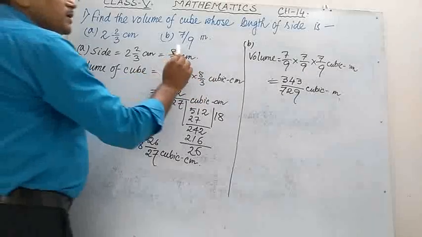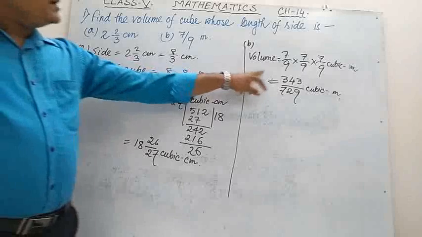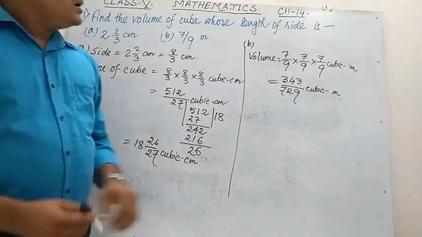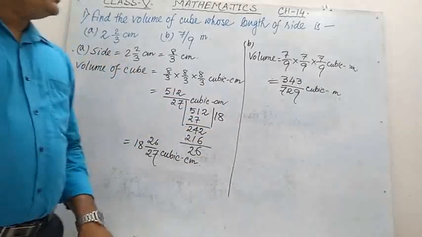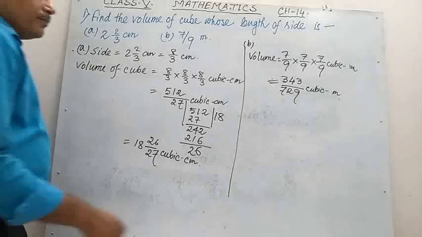For B, the side is 7 by 9 meter, so volume is 343 by 729 cubic meter.